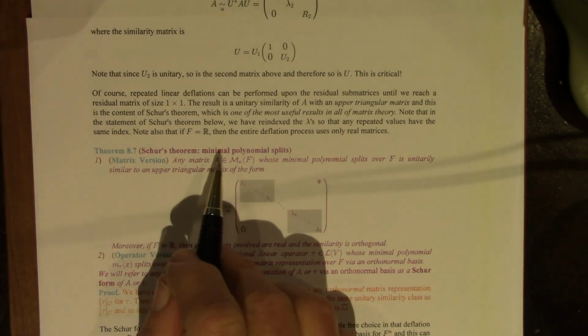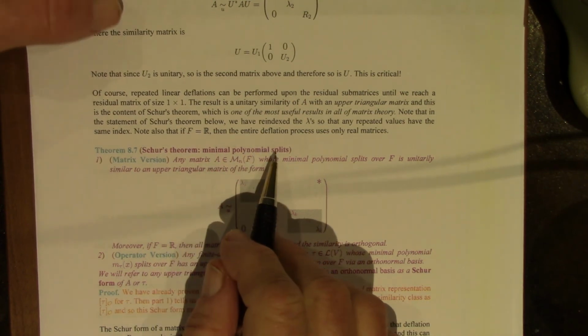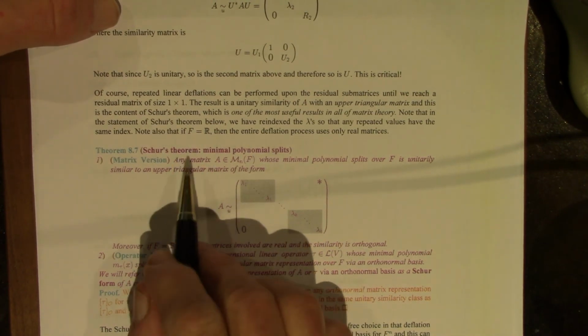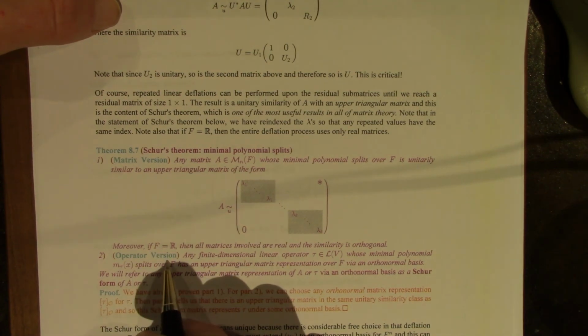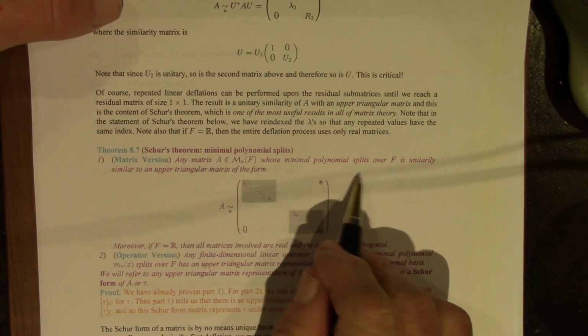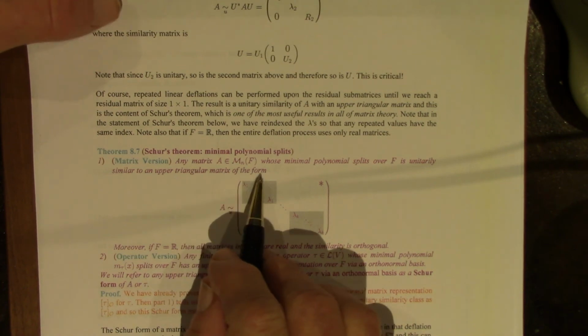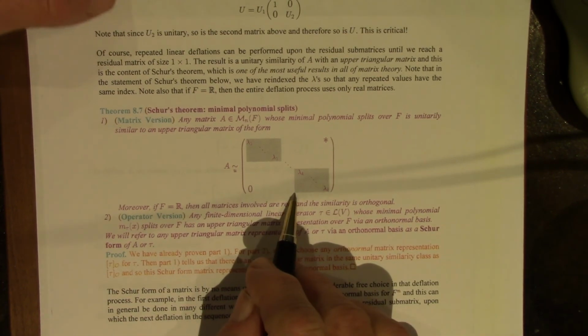We have proven Schur's theorem in the case where the minimal polynomial splits. So, matrix version, equivalent operator version. Any matrix A whose minimal polynomial splits over F is unitarily similar to an upper triangular matrix of this form.